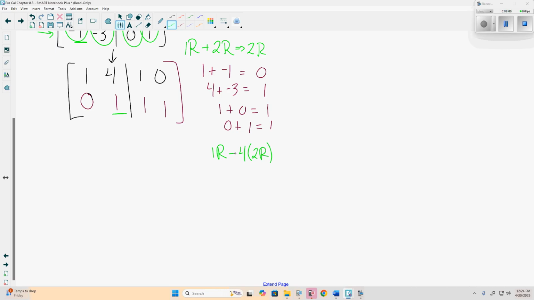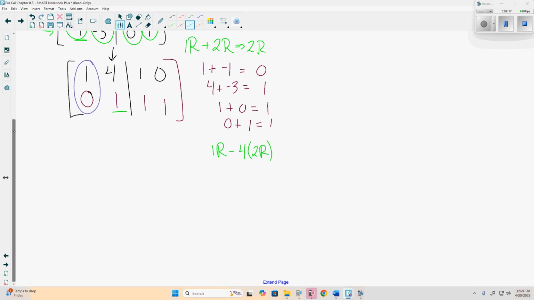So we're going to subtract 4 times the second row from the first. Now if we look at the first set of numbers here, 1 and 0. For row 1, it'd be 1 minus 4 times the second row's value. Well, the second row's value is 0. So we're saying 1 minus 4 times 0, or 1.